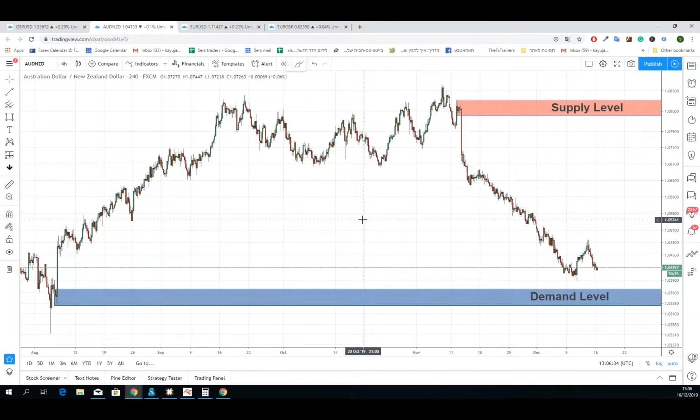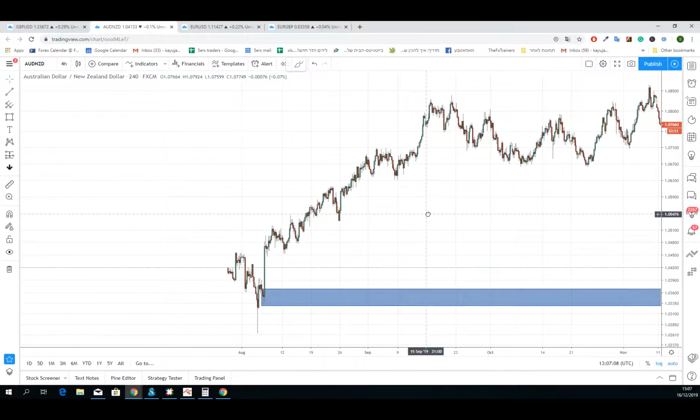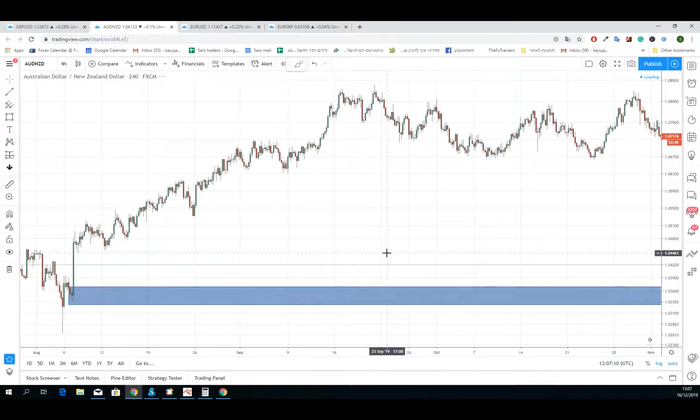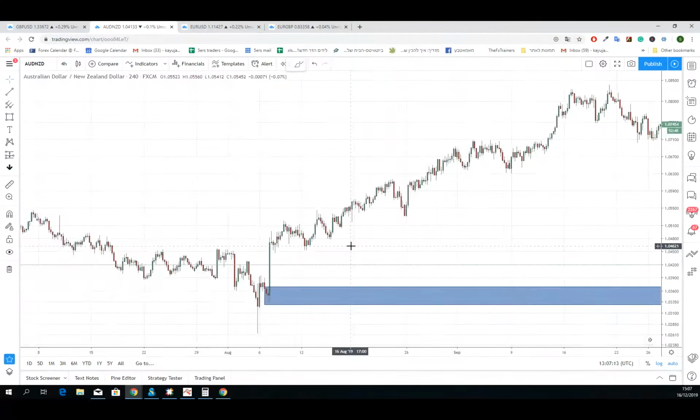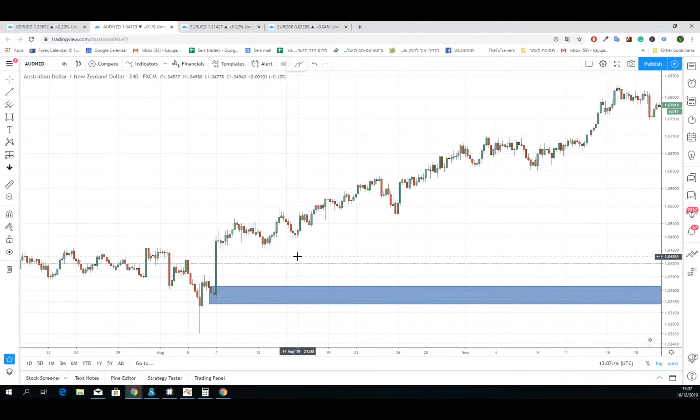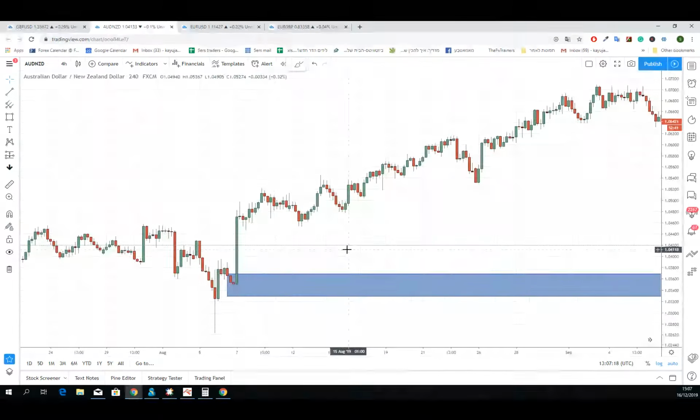Below us, which seems a bit closer and more relevant for now, is the fresh demand that I marked. If we zoom in to this level, I'll try to take it to the middle, and you'll see exactly the picture that we are looking for when we mark demand.